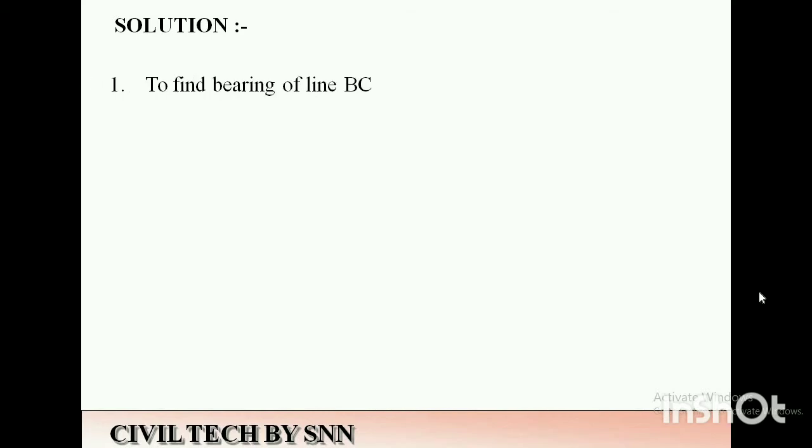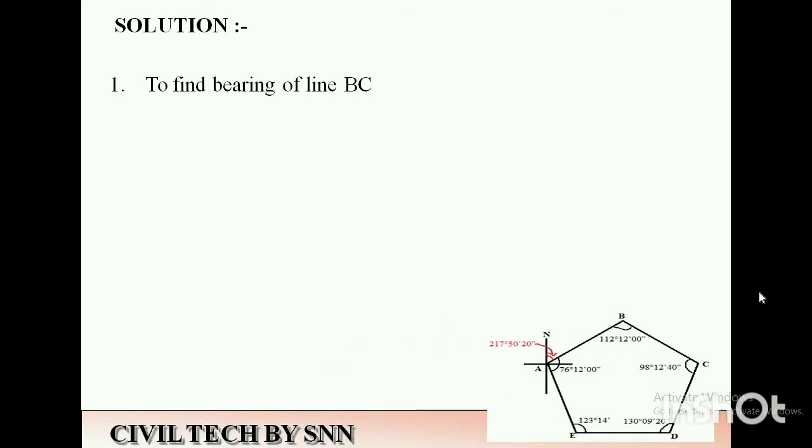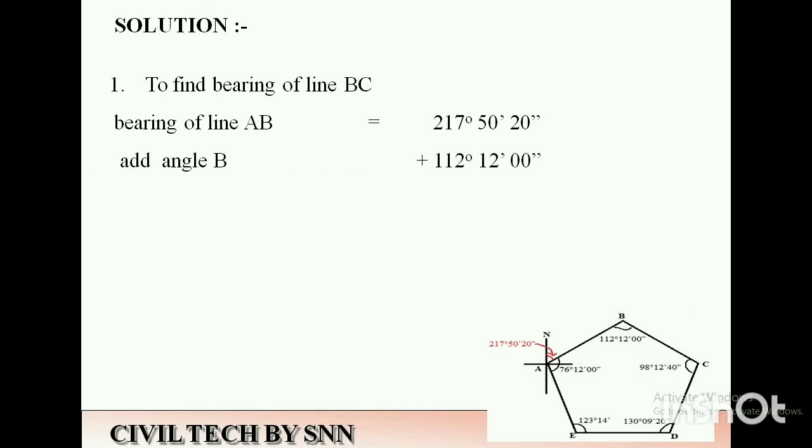First, to find the bearing of line BC. The previous line is AB, so the bearing of line AB is 217 degree 50 minute 20 second. Add angle B, which is 112 degree 12 minute 0 second.